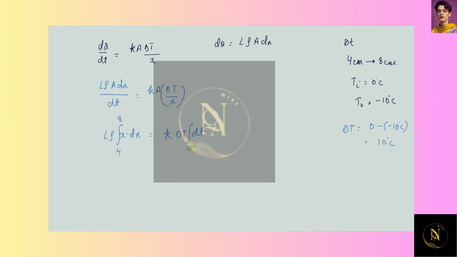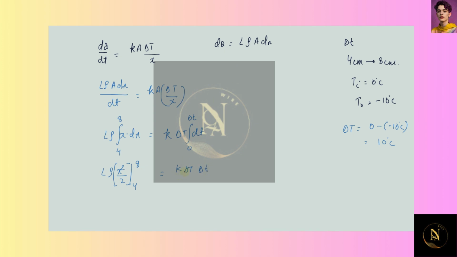When the time is 0 seconds, the thickness is 4 centimeter, and when the time reaches delta t, the thickness should become 8 centimeter. From here we get L times rho x square divided by 2, and here the limit is from 4 to 8, and it is equal to K delta T, and the integration of dt will be t, and when we plug the limits we'll get delta t.